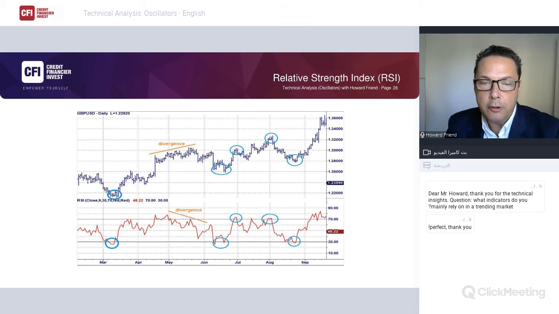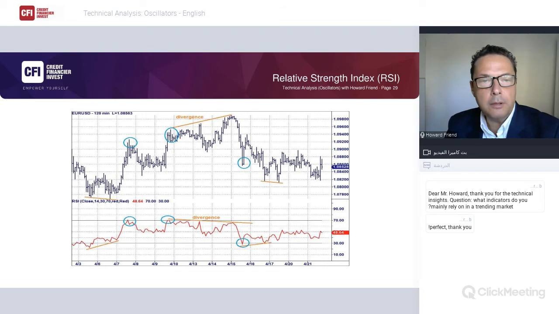You can see here the first swing, market goes up above the overbought level, pulls back, finds a higher low in RSI around that kind of 30 to 40 region, and then swings high, makes new highs. Divergence here, swings lower, makes a new low for the trend. And this low coincides with an oversold reading, a bit like this one did back here. So a good place to buy.